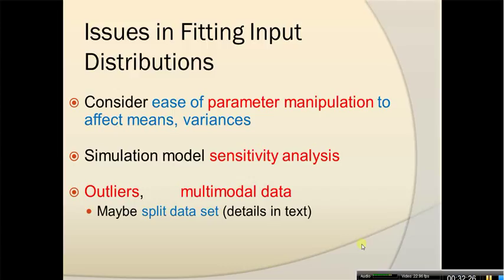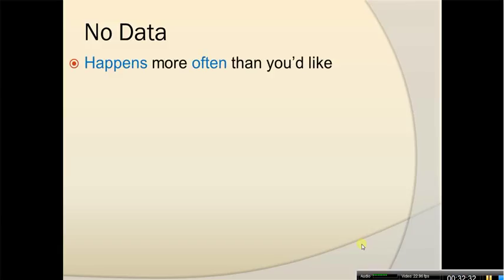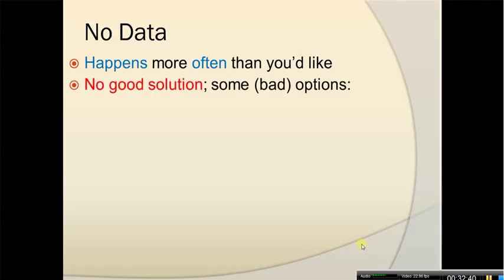So you may need to split the data set, and there's more detail about that in the textbook on ARENA. And sometimes you might have no data at all, right? And it actually happens more often than you'd like. So there's no really good solution in that case, but there are some possibly bad options.